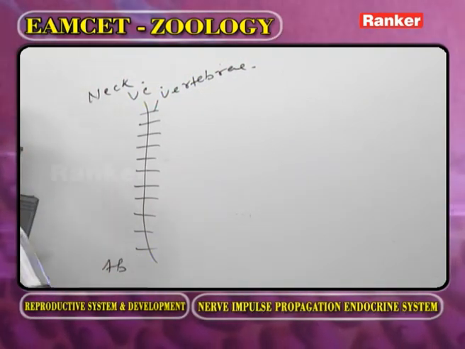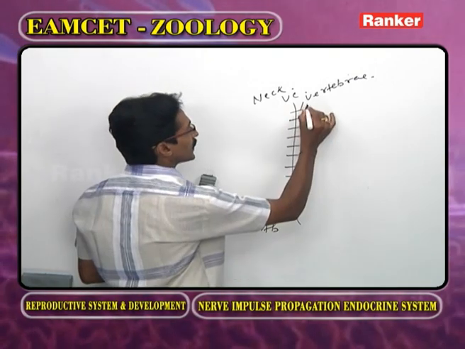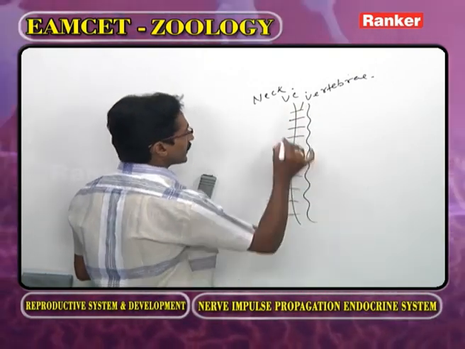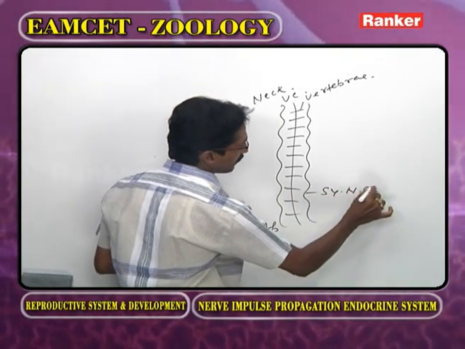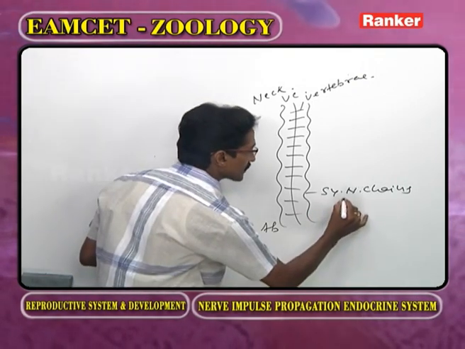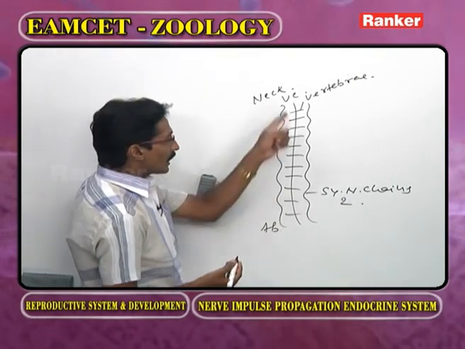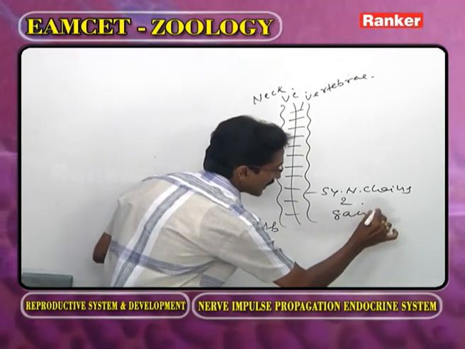From the neck to abdomen, on either side of the vertebral column, what are present? The sympathetic nerve chains. How many sympathetic nerve chains? 2. Now, on the sympathetic nerve chain, what are present? The ganglia.